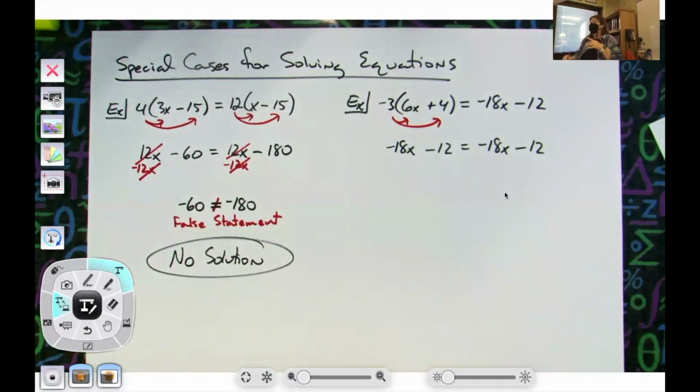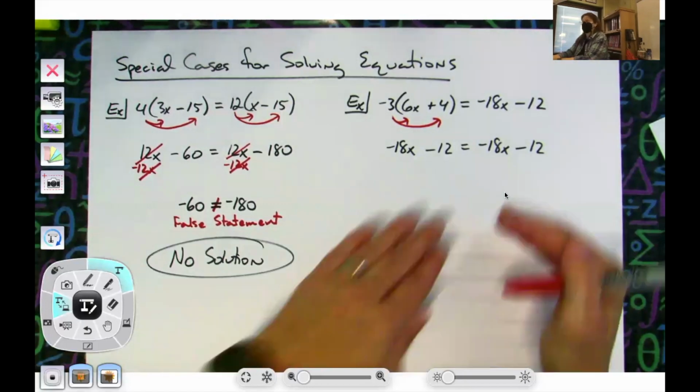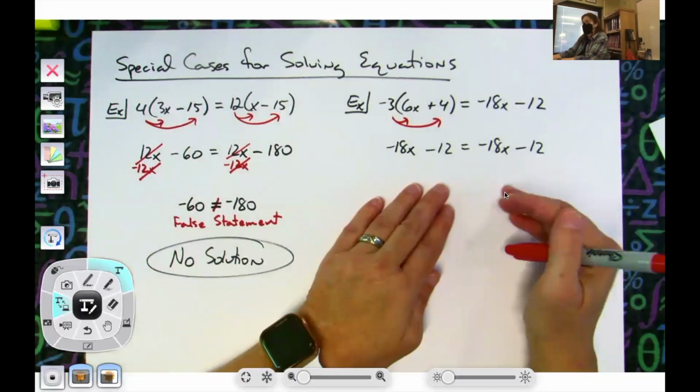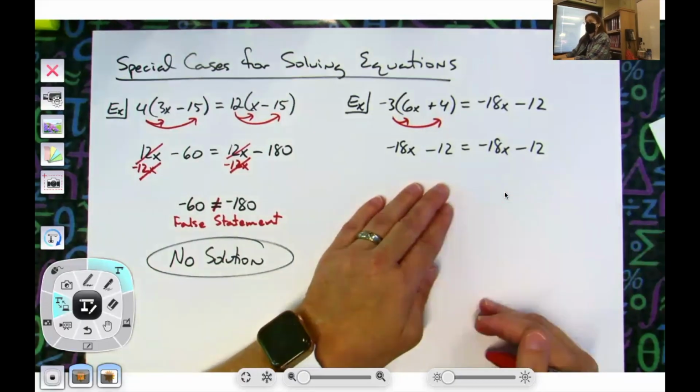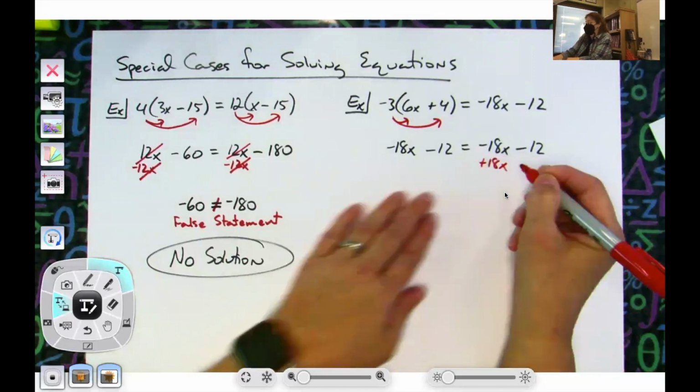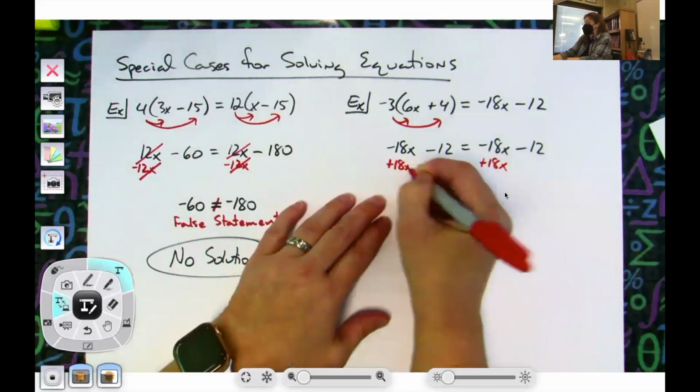Now, for those of you that don't pay attention when you work out your math problems, you might not catch it at this point. And that's okay. Can I keep going and still figure out that it's an identity? Yep. If I was going to keep going, I would add 18x.